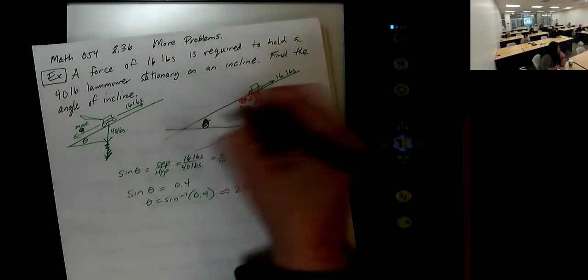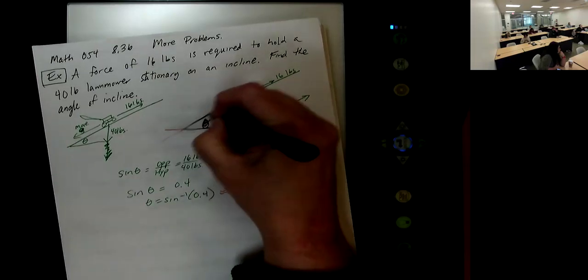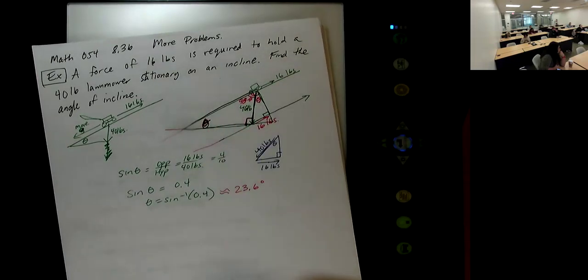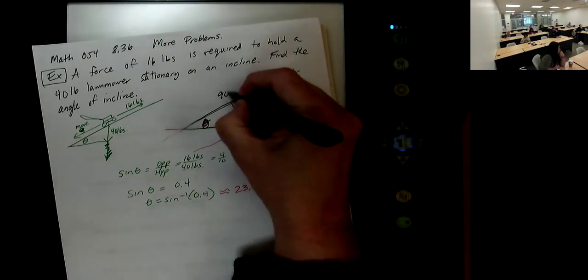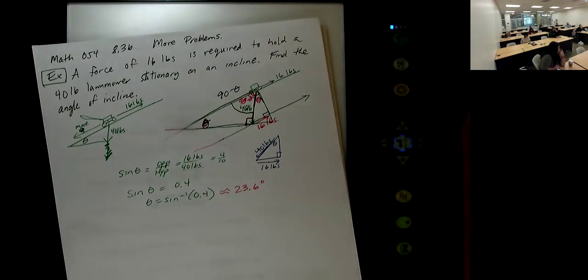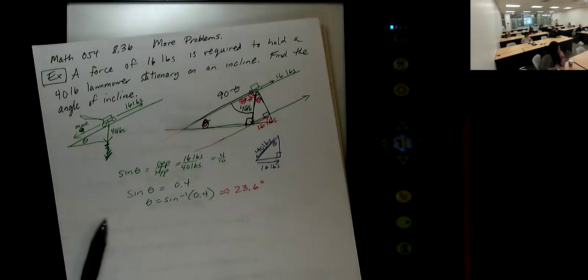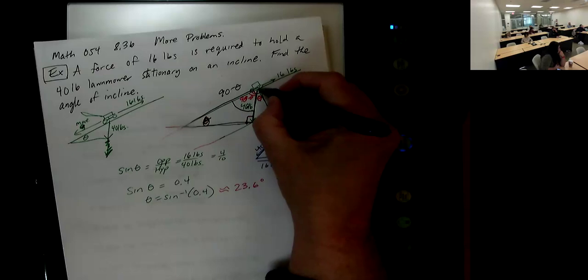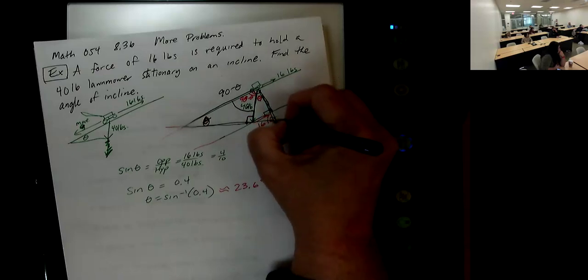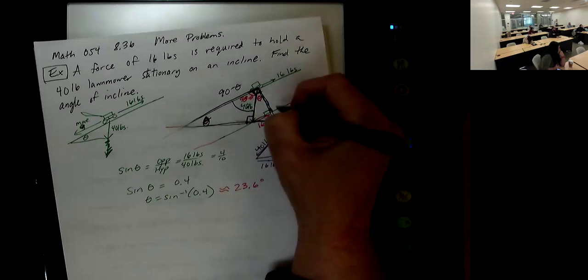This is theta here. This triangle has a right triangle there, which means that this angle right here has to be 90 minus theta. Okay? And now, looking at a different triangle, if I look at a triangle like this, I don't even need to look at it as a triangle.